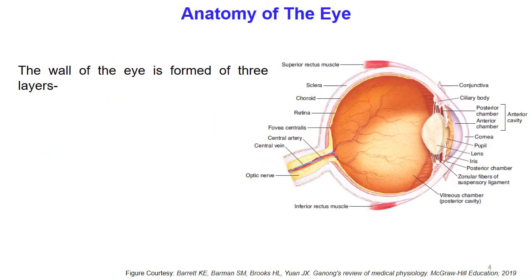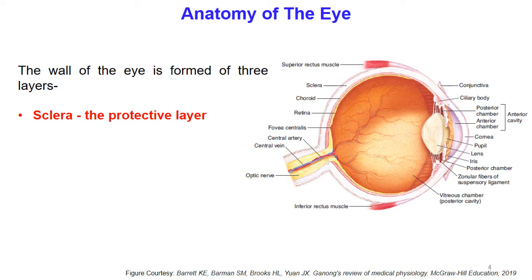The wall of the eye is formed of three layers. The outer protective layer of eyeball is the sclera, or the white of the eye through which no light can pass. It is modified anteriorly to form the transparent cornea through which light rays enter the eye.